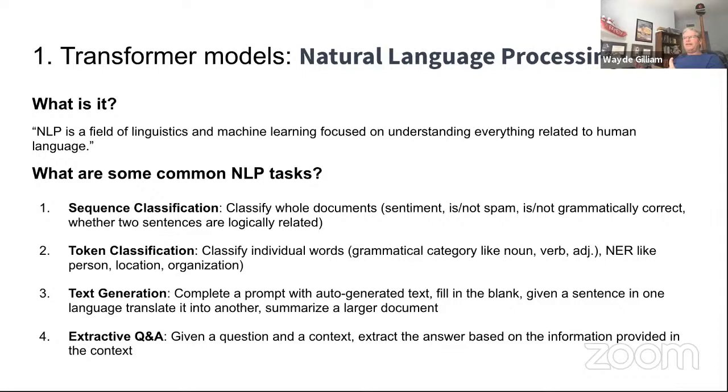And some of the common tasks that we'll be going through over the next 4 weeks are sequence classification tasks. So that's where we're looking at whole documents, for example, movie reviews or comments, and we're trying to classify them, things like sentiment, whether it's spam, whether it's grammatically correct, whether 2 sentences are logically related.